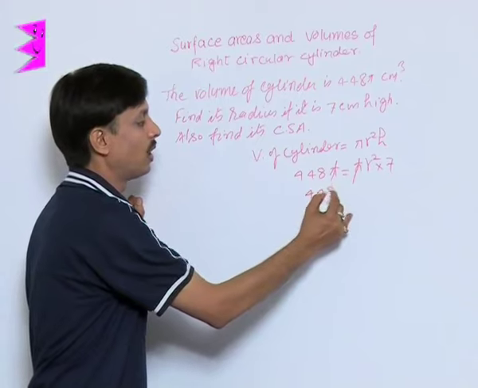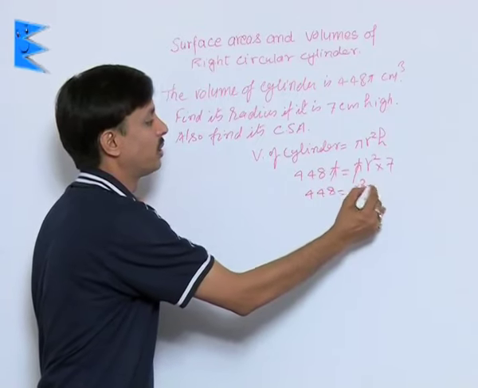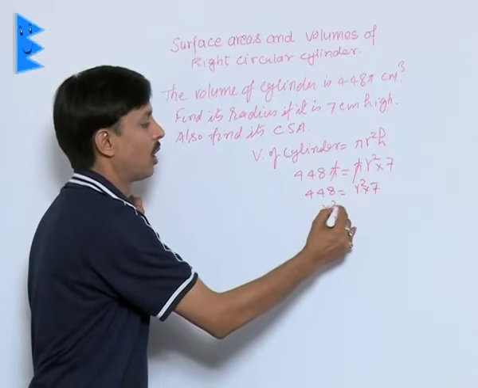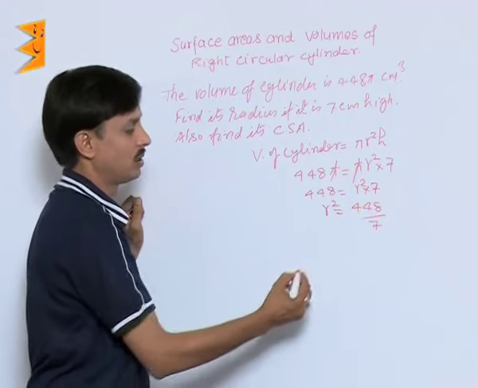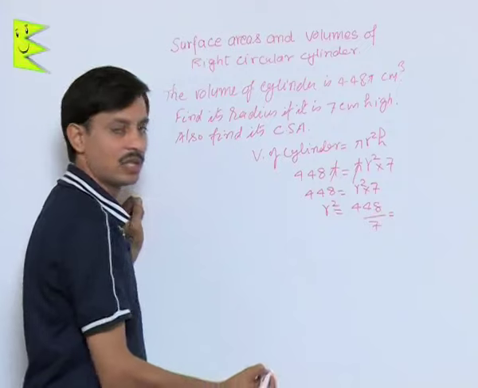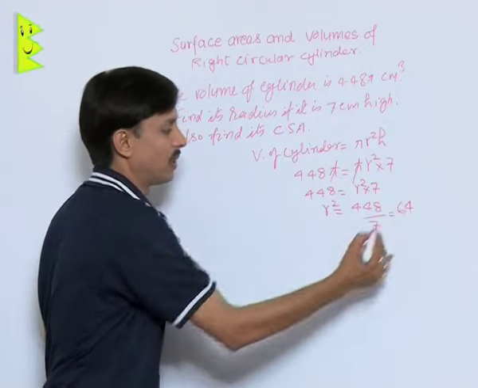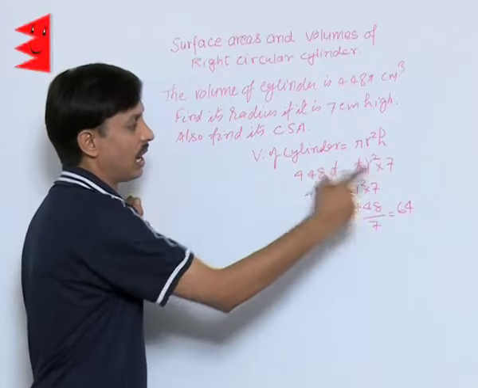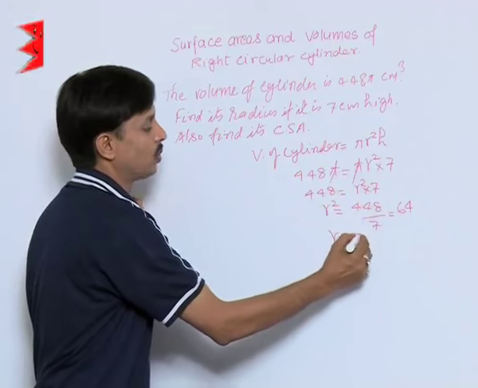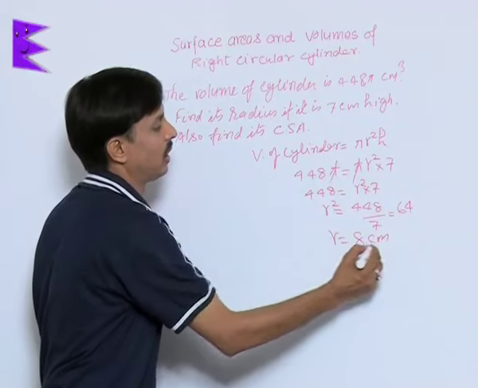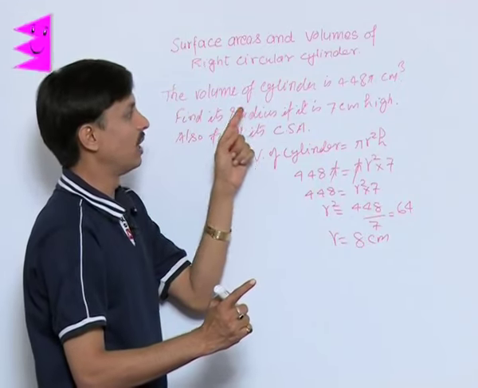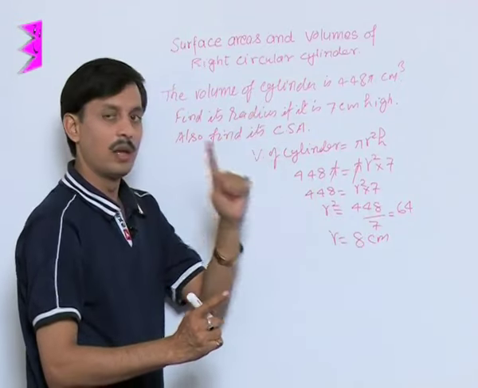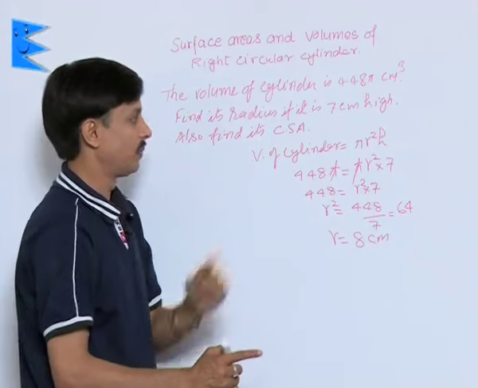So 448 is equal to r square into 7, or r square is equal to 448 upon 7. After division, this comes to be 64. R square is 64, so r is equal to 8 centimeter. Hence, the first answer, the radius of the cylinder will be 8 centimeter.